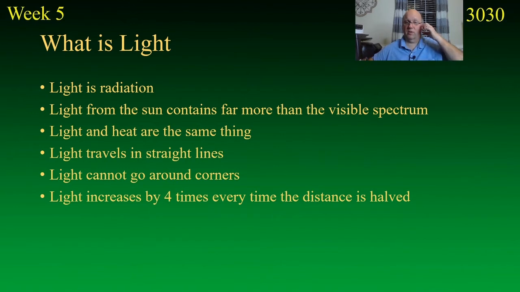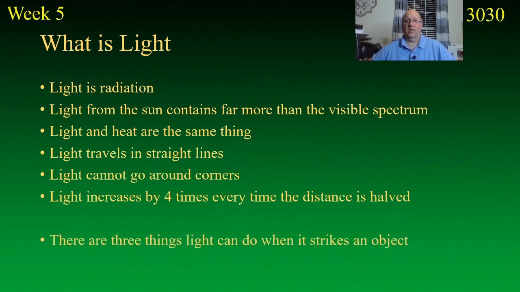So every time you double the distance, you lose 75% of that source. And if you cut in half, you don't double the source, you multiply it by 4. And so that means that you've got to be very careful when you move lights in or out. That can have a bigger effect than you might imagine. And so it's important to know that's the inverse square law having to do with light intensity.